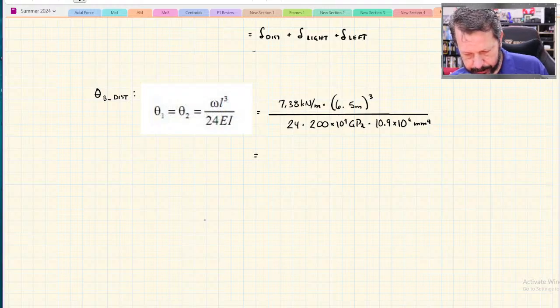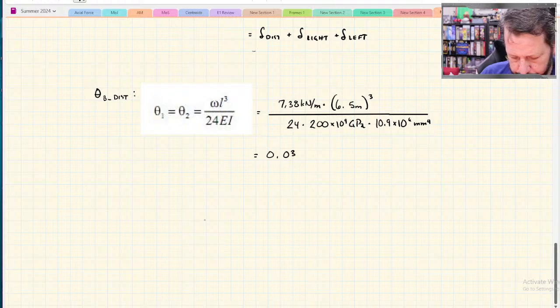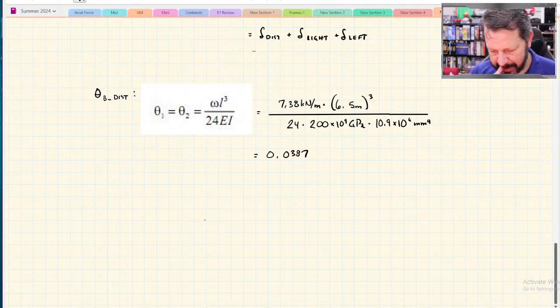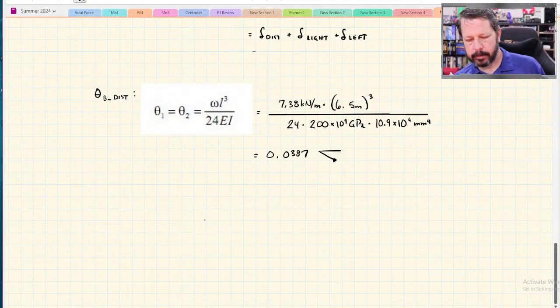And then 7380, we're going to convert this, times 6.5 to the third divided by our denominator. I get 0.0387, and that angle is this angle, I believe.